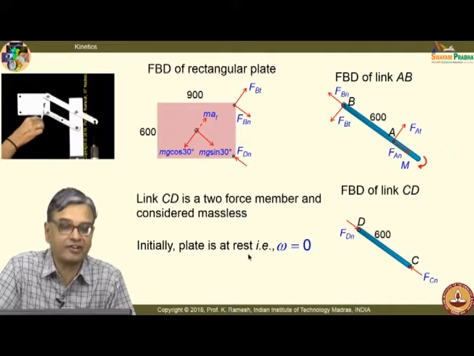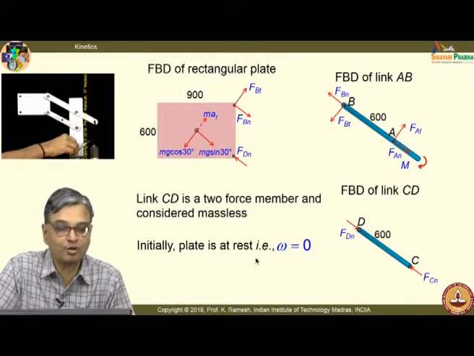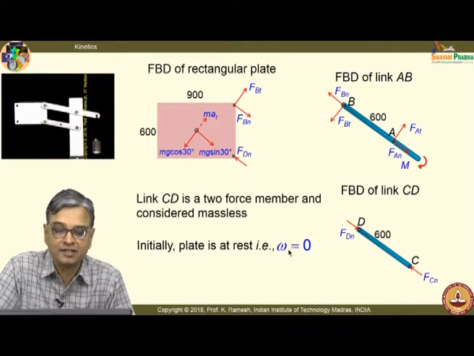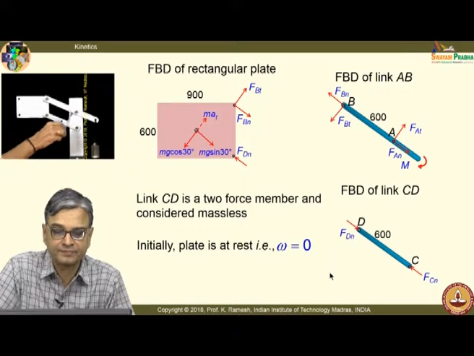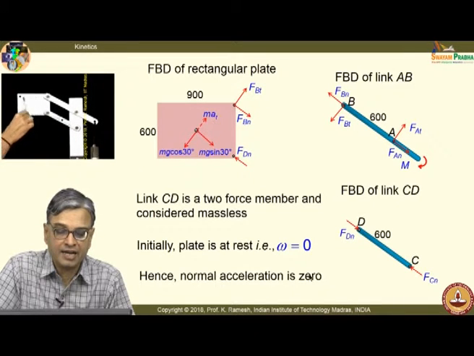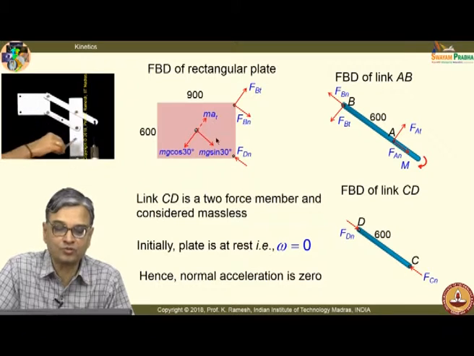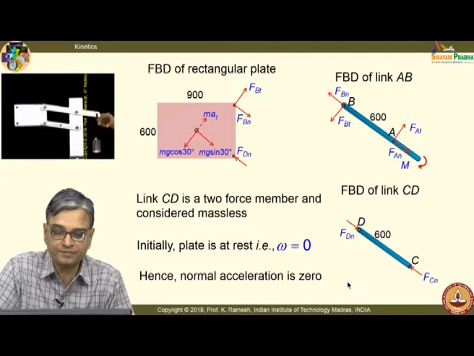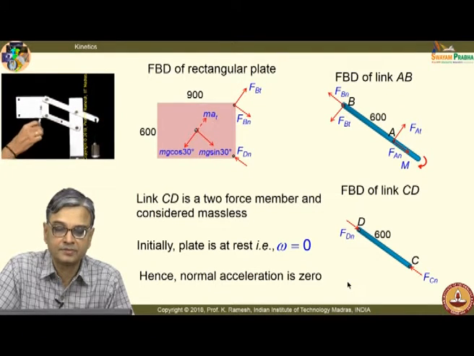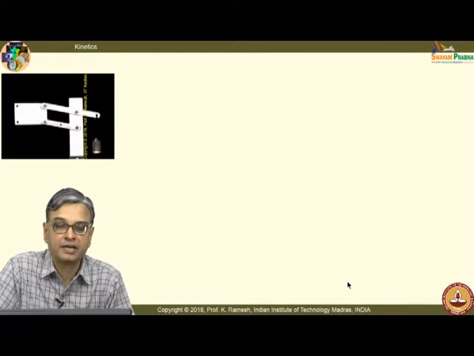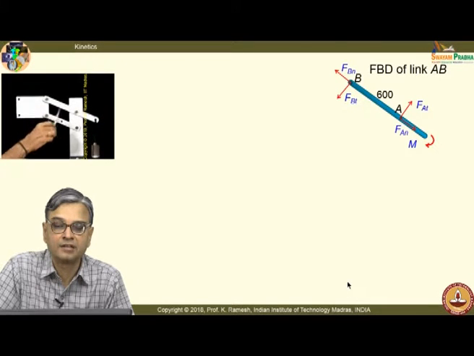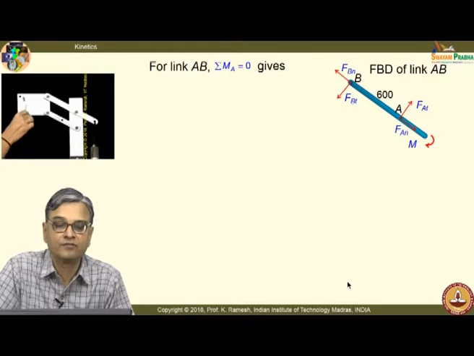Initially, the plate is at rest, that is also something you have to look at. When the plate is at rest, omega is 0 and normal acceleration is 0. So, one of the components goes to 0, and I have this for link AB.